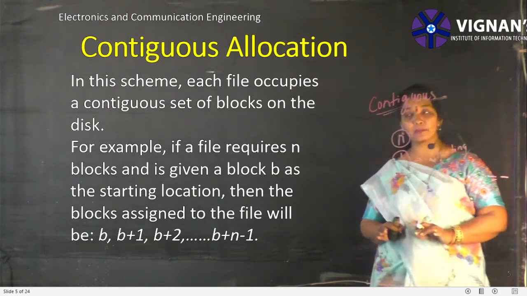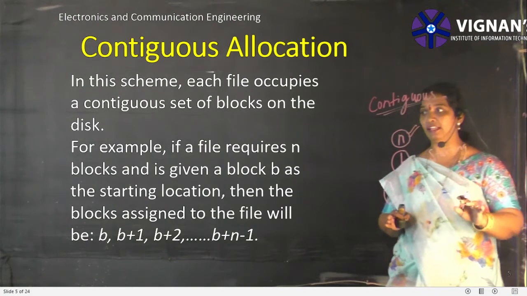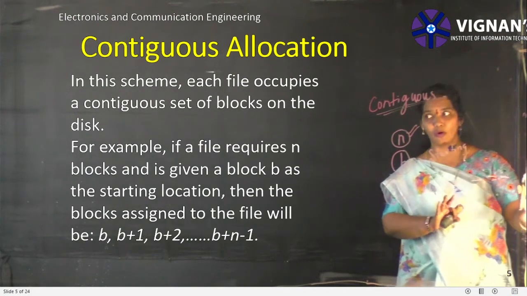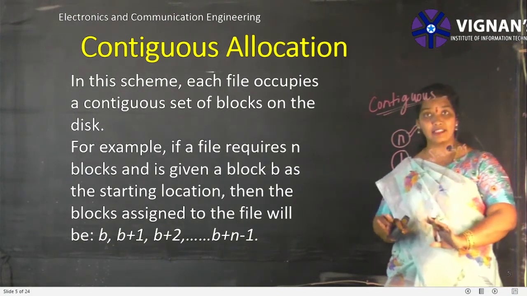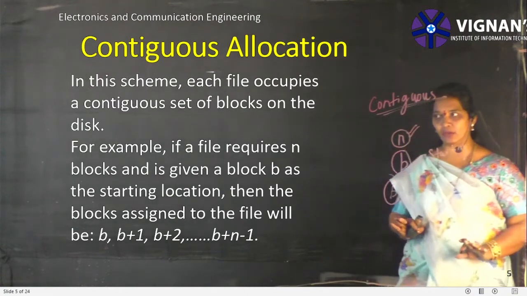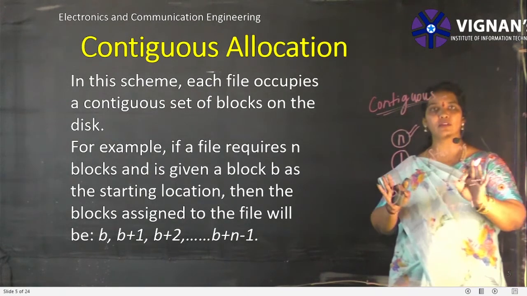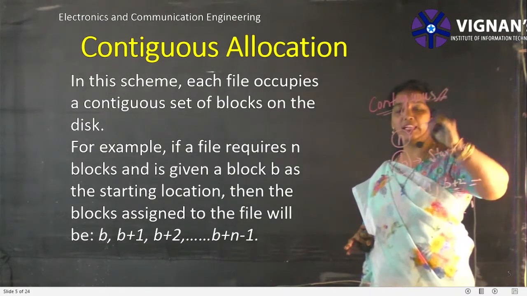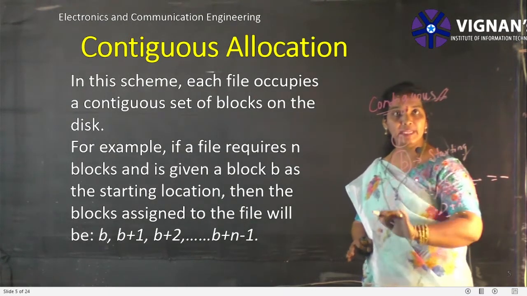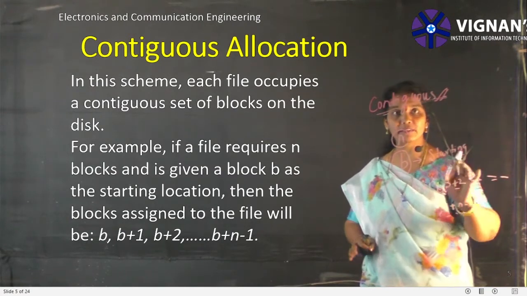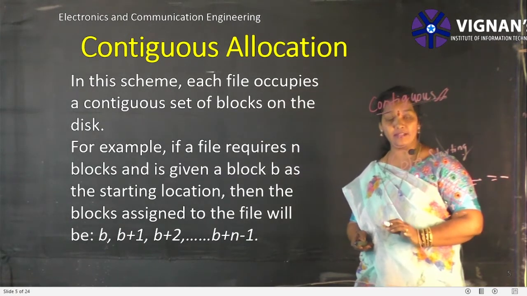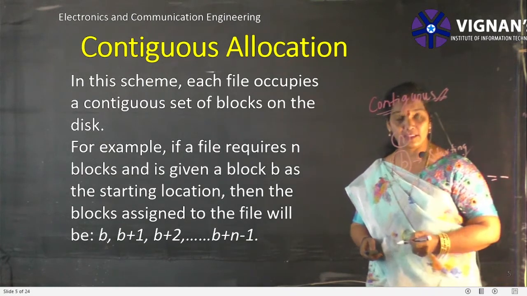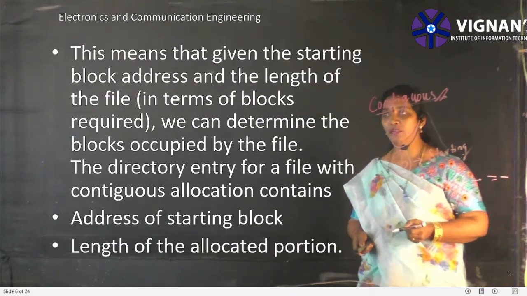So in this example what we have seen is that if a file requires n blocks and is given B as a starting location, then the blocks assigned in the contiguous allocation are B to B plus n minus 1 location. This process is called contiguous allocation.